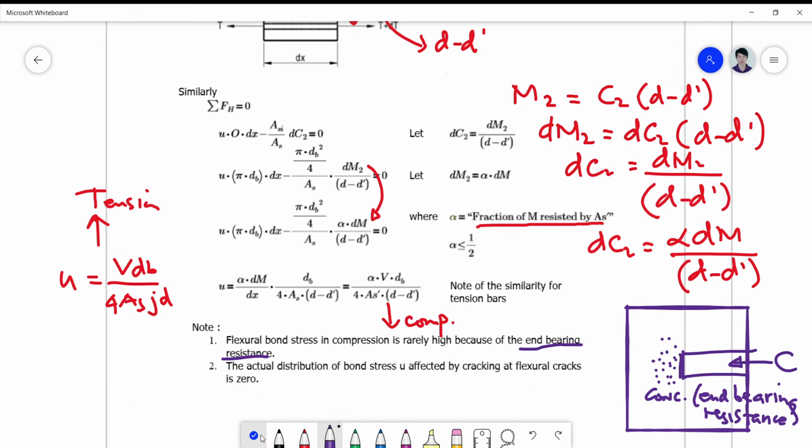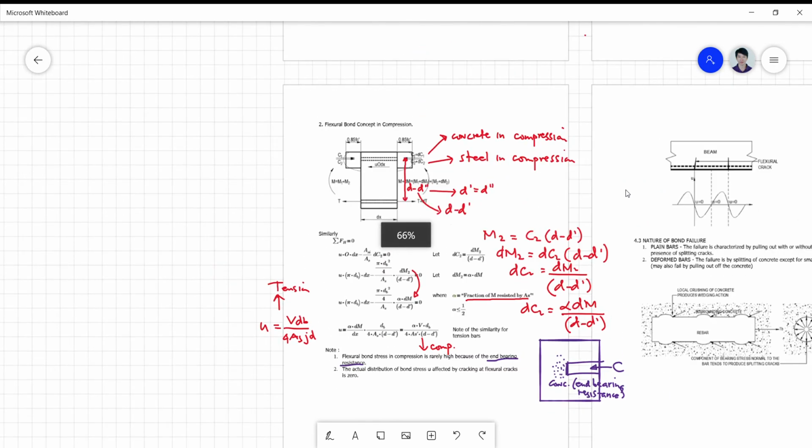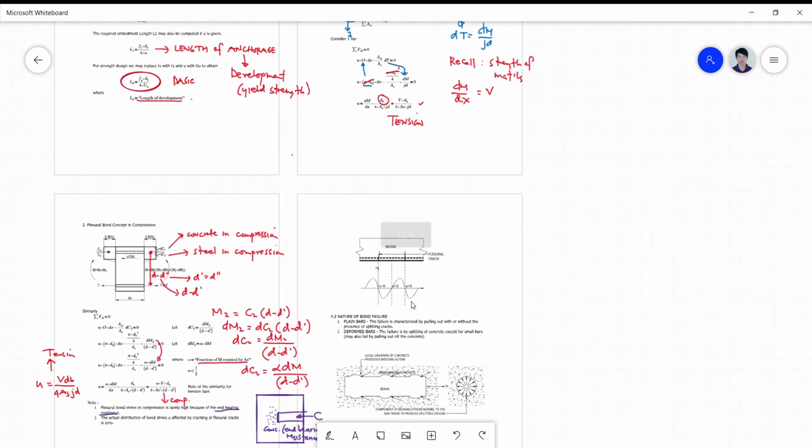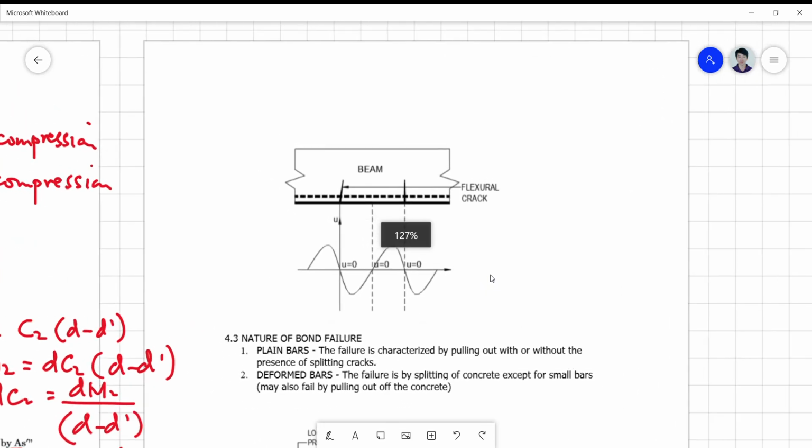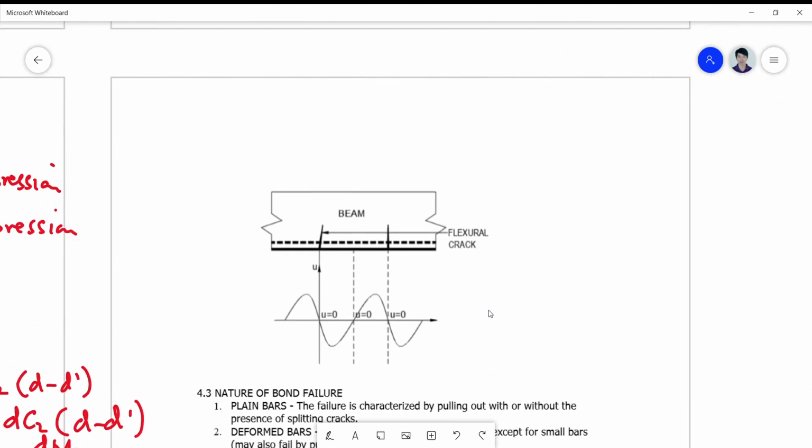So the actual distribution of the bond stress U affected by cracking at flexural cracks is zero, and it's given by this figure here. If you look at the cracks, if I have two consecutive cracks here, automatically your bond stress will be zero there because there's no concrete attached to that reinforcement.